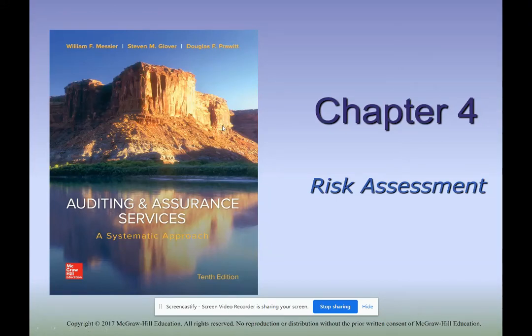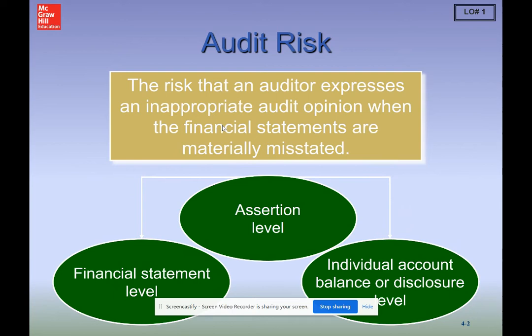All right, so for the first part of chapter 4, we are going to talk about the audit risk model. If you'll remember from the previous chapters, audit risk is basically the risk that the auditor is going to issue an unqualified opinion. Remember, the unqualified opinion means that they're reasonably assured that there was no material misstatement.